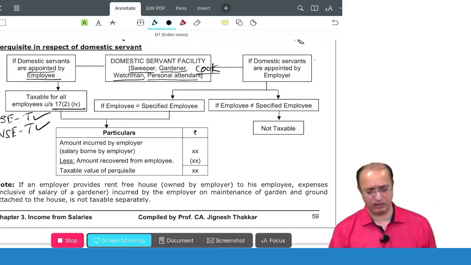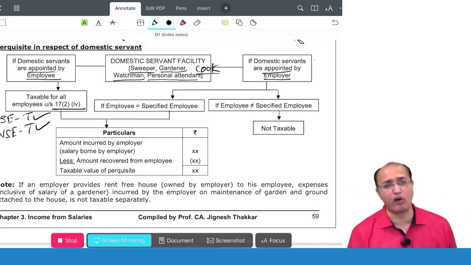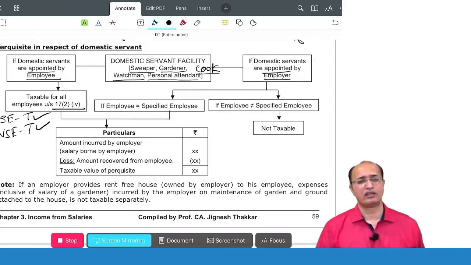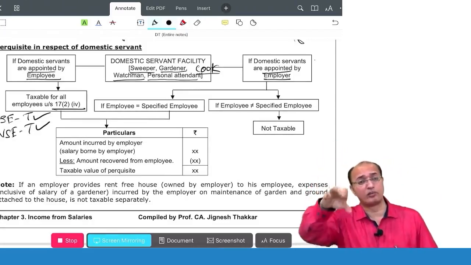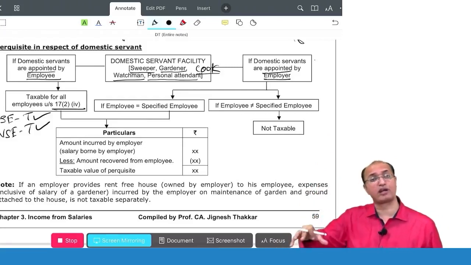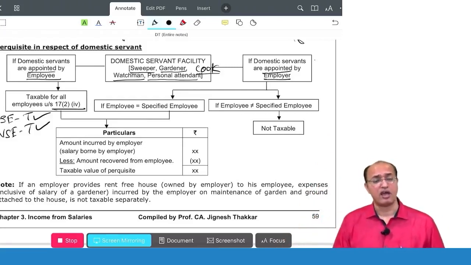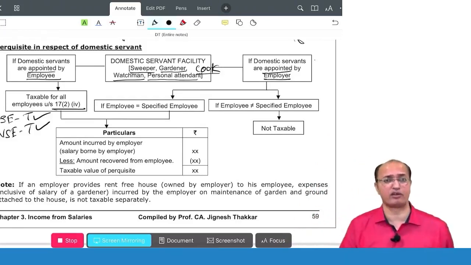On the other hand, if the domestic servants are appointed by the employer, say for example, the employer has given you accommodation to stay. In that accommodation, you have a separate space or separate room for the servant to stay. And your employer has already appointed a cook as well as a helper for you.